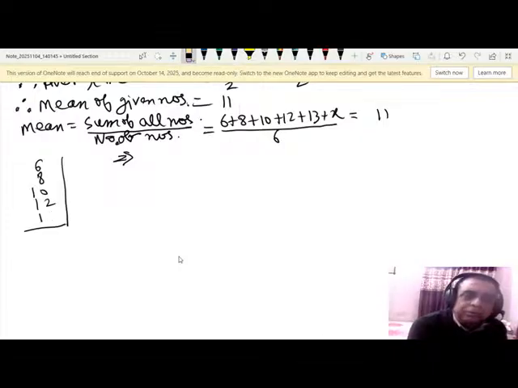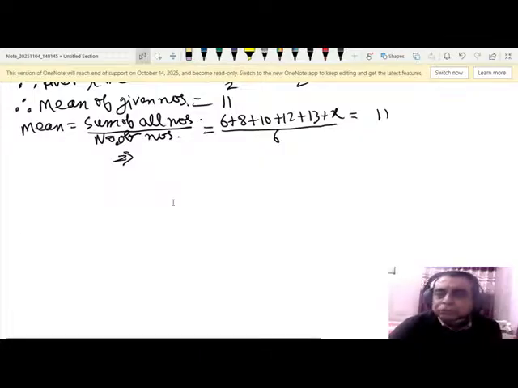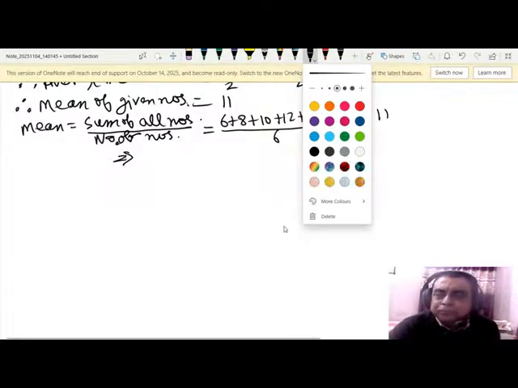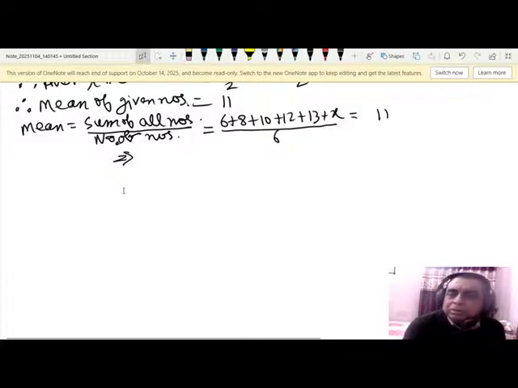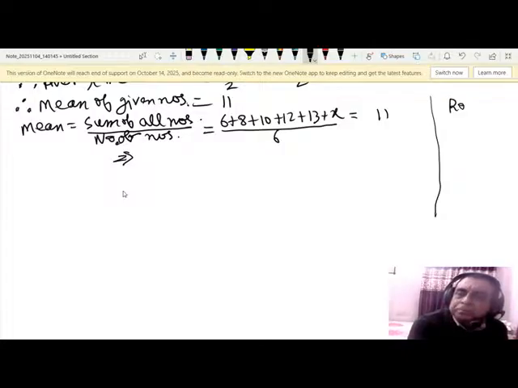All the rough work should be done on the right side, and always use a rough column whenever you are doing any maths.